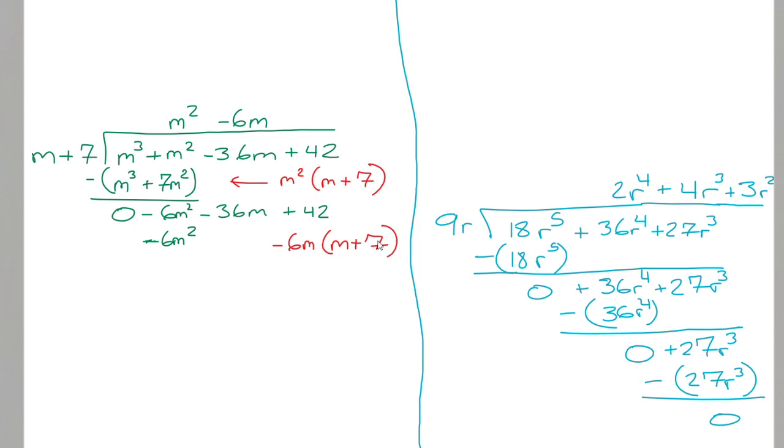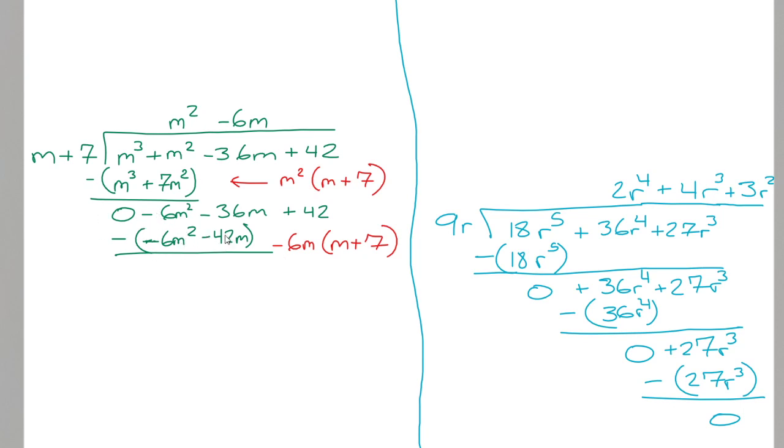Negative 6m times 7 is negative 42m. This is getting a little close, but then we're going to subtract it. So this is what this is. That's how we got there. So what's in red, you do not need to write. I'm just showing you how I got here.